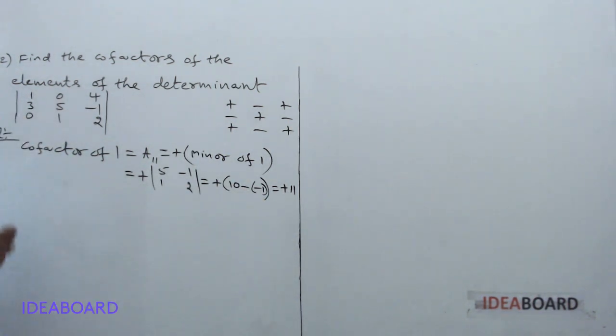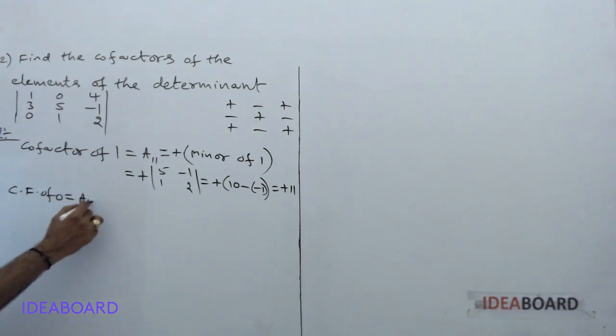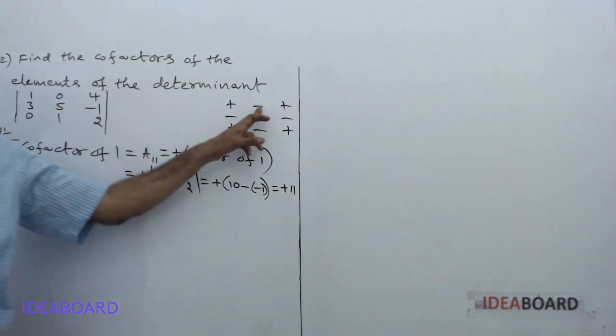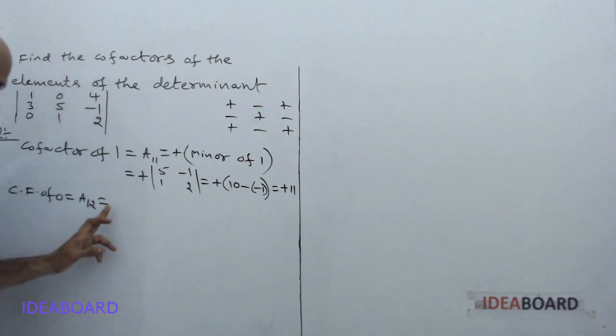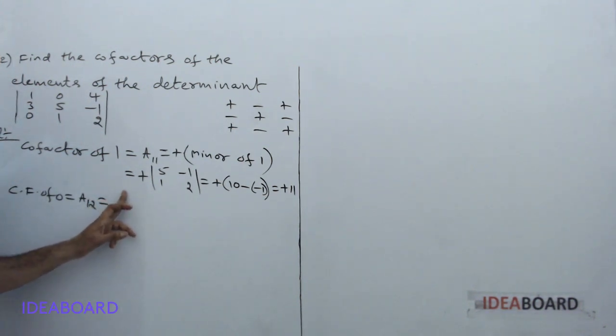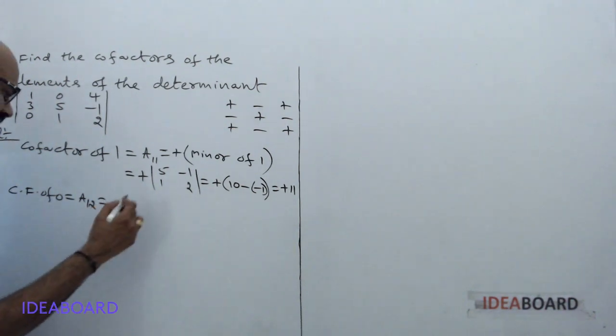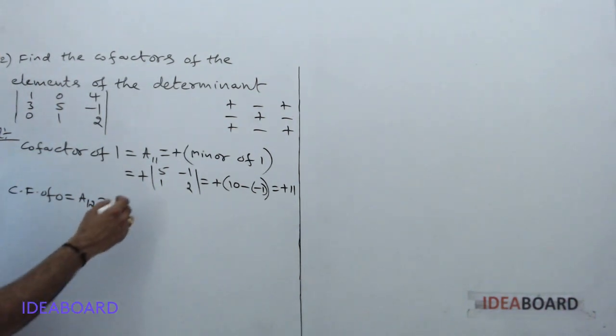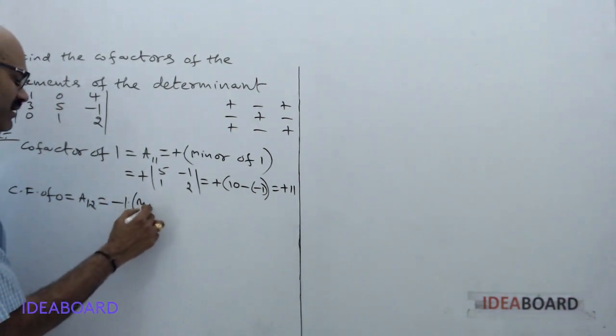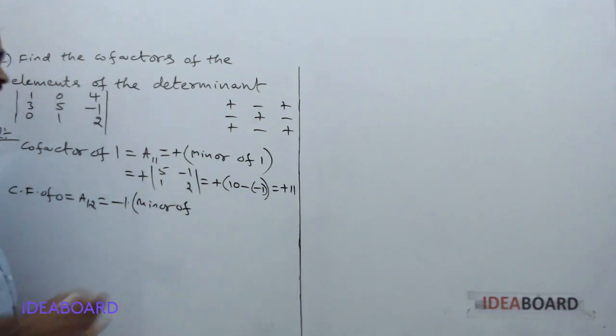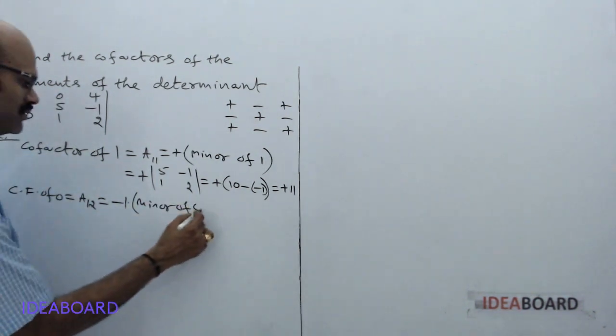Next, cofactor of 0 equal to A12. If you take minus 1 whole power 1 plus 2, you get minus only. So minus 1 into minor of 0.